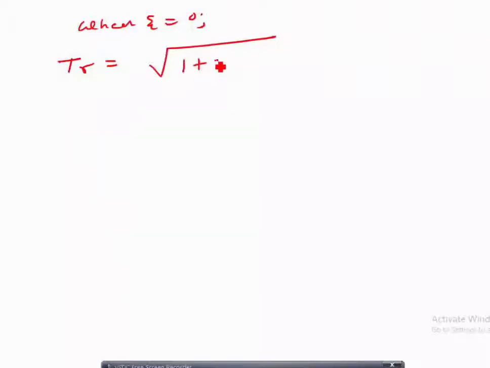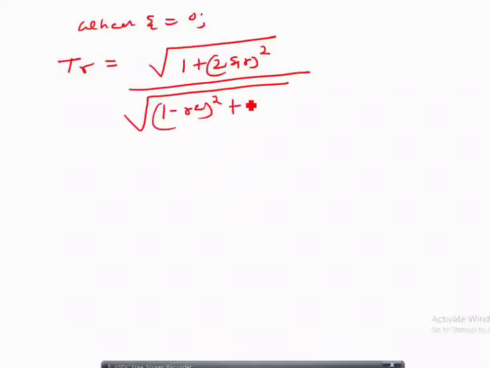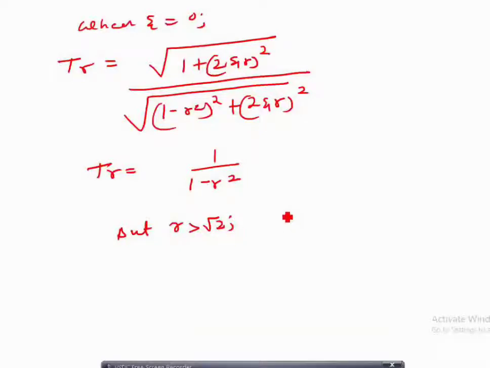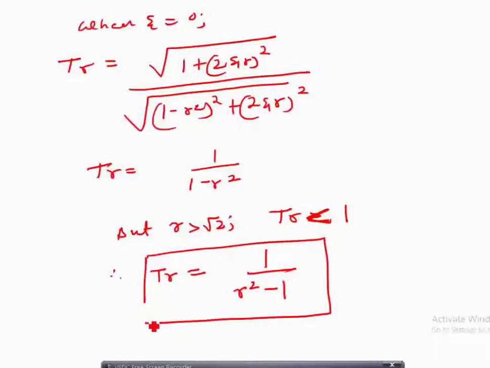The formula Tr is equal to square root of [1 plus (2 zeta r) squared] upon [(1 minus r squared) squared plus (2 zeta r) squared]. With zeta equal to 0, this becomes 1 upon 1 minus r squared, but since r is greater than root 2 and Tr should be less than 1, the modified formula finally is 1 upon r squared minus 1. From this formula I get r greater than root 2 and Tr less than 1. Okay, this is the first step.